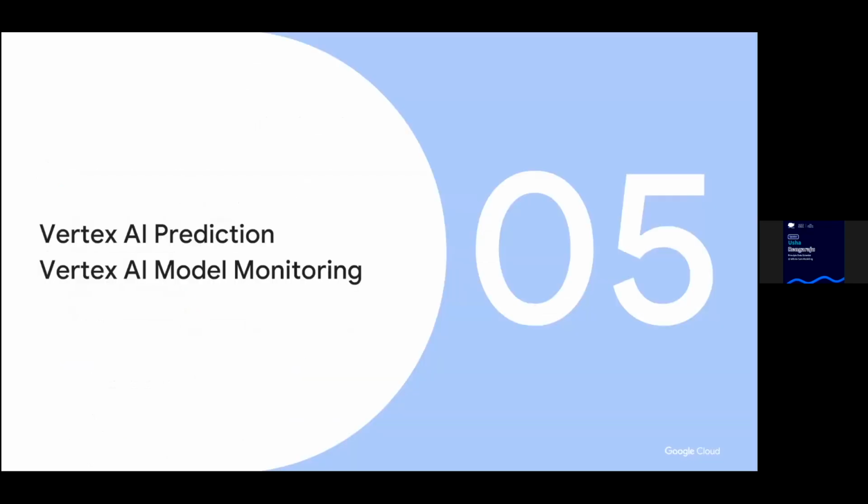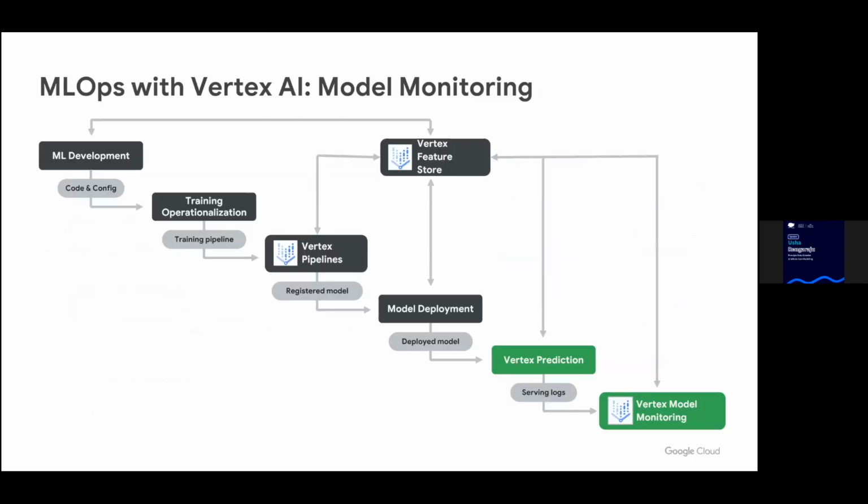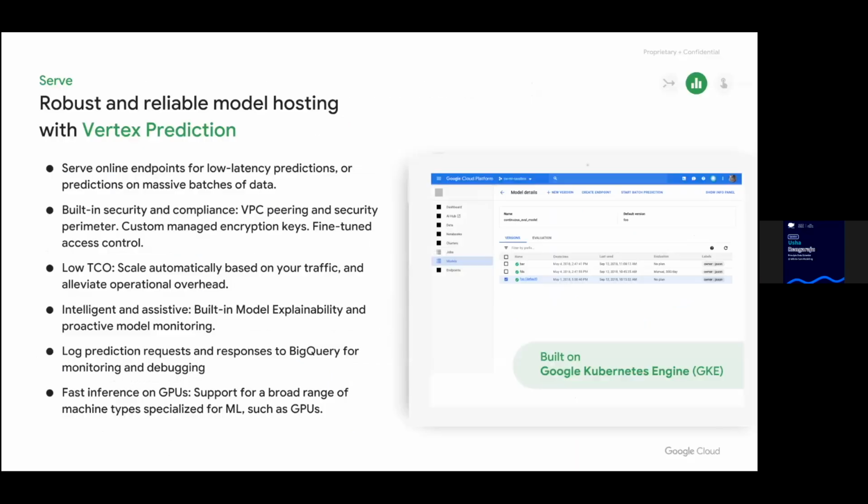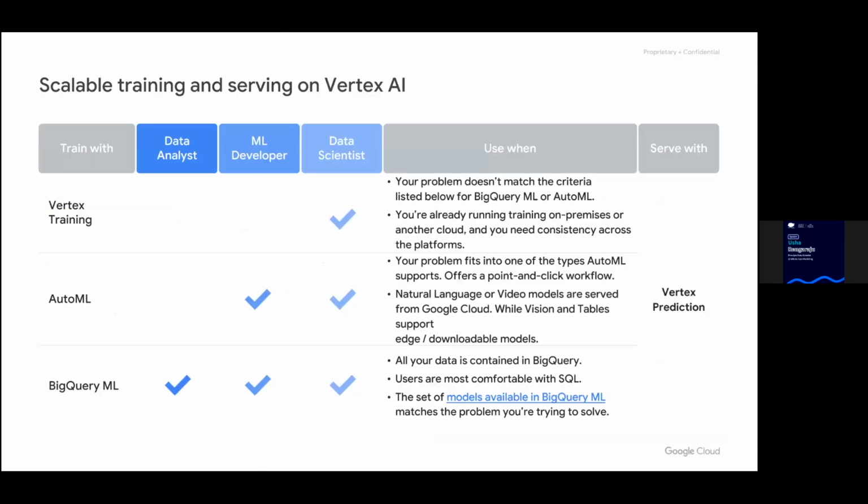The final feature we are going to discuss here is Vertex AI model monitoring, and there's also something called Vertex AI prediction. Vertex AI prediction is available whether you build custom model training, use AutoML, or use BigQuery ML.